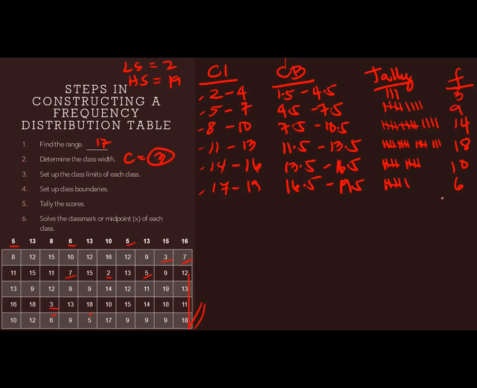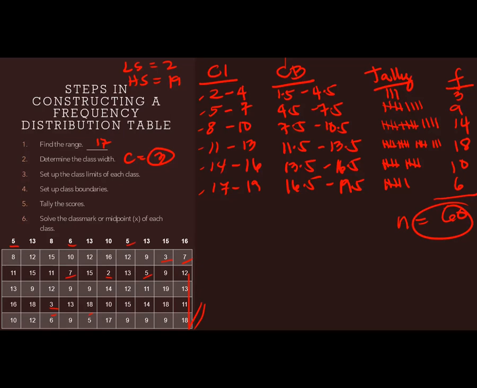If we are going to total the frequency, 3 plus 9 plus 14 plus 18 plus 10 plus 6, this will give us 60. So therefore, our number of observations is 60.